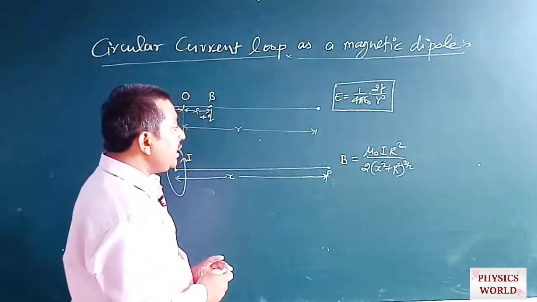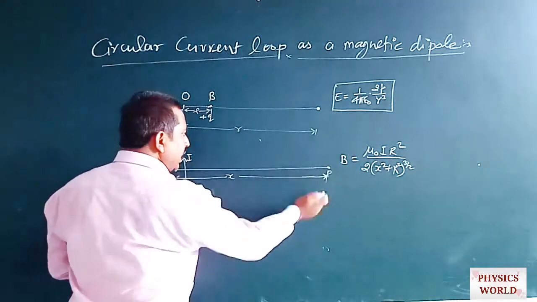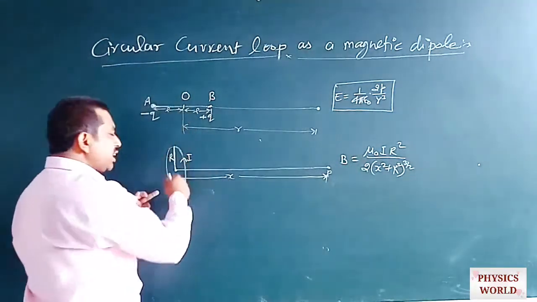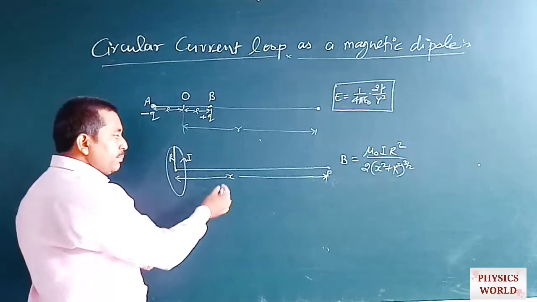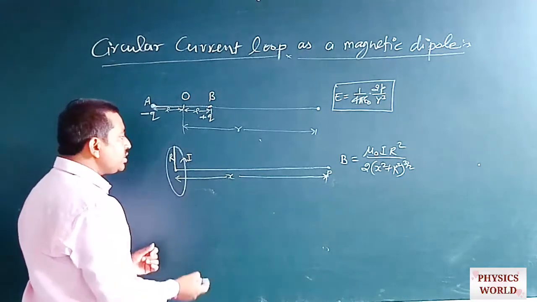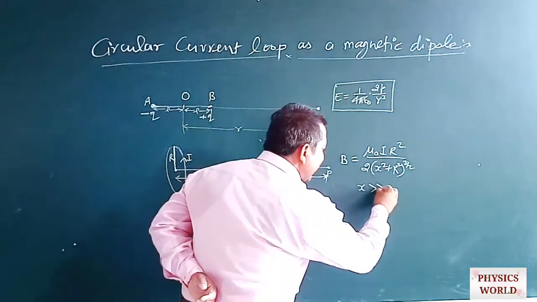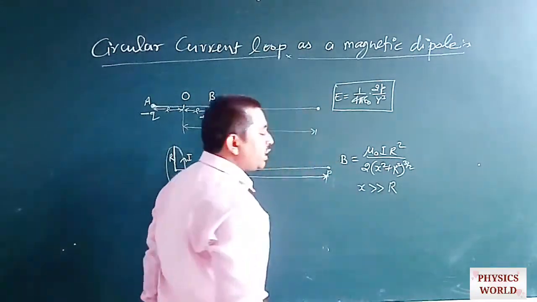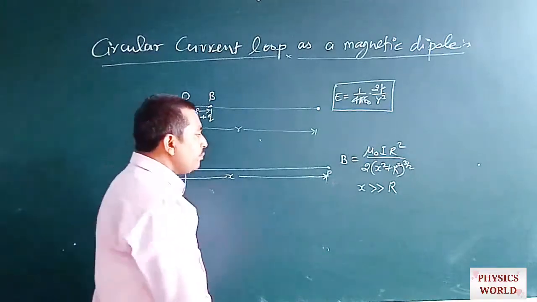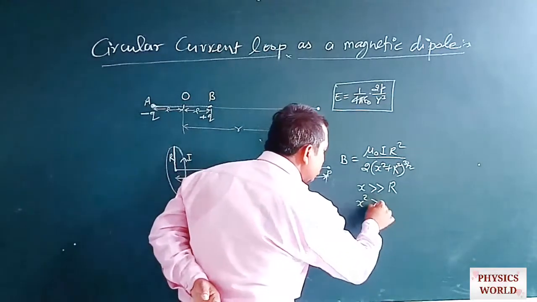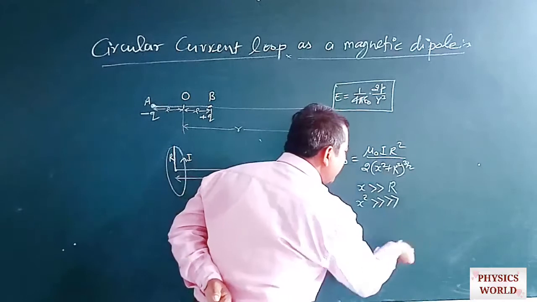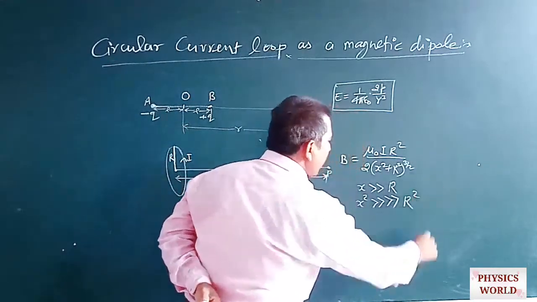But if we choose this point such that this is very far away from the circular loop, it means the value of x is very large in comparison to the radius of the loop. So what will be the value of x square? This will be much and much larger than that of r square.